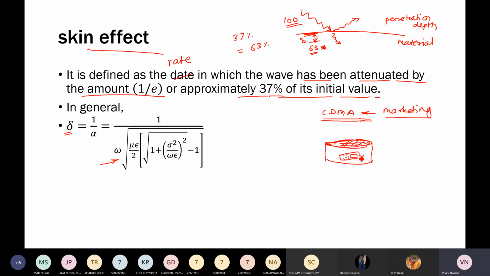When they kept their handset in the tiffin box, the electromagnetic wave coming from the mobile tower was not able to penetrate to sufficient depth inside the tiffin box, and this mobile handset was practically kept out of coverage, because the radiation incident on the boundary surface of the tiffin box was not powerful enough to penetrate this stainless steel box.